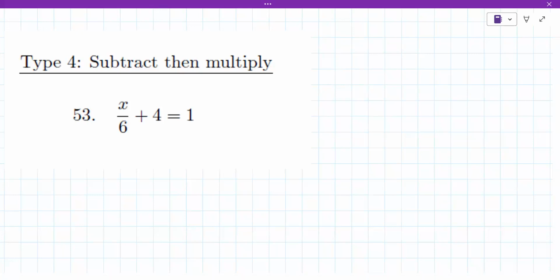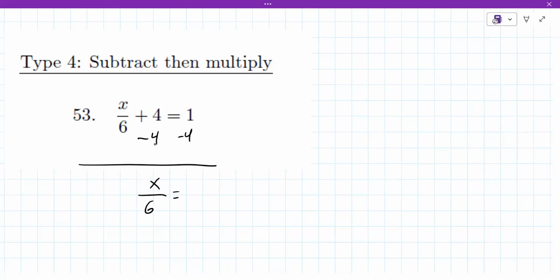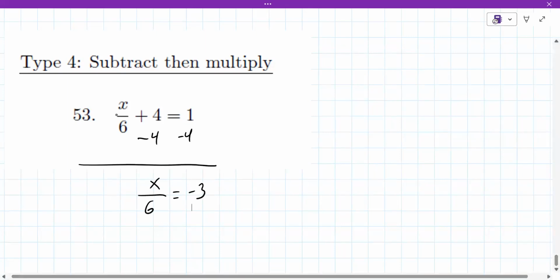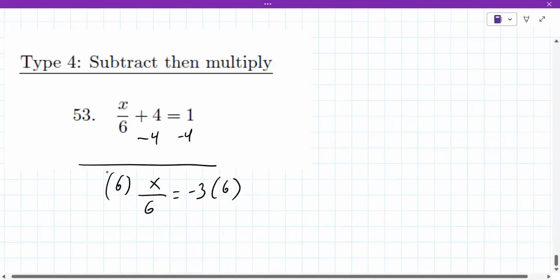So it would be 1 minus 4. Yep, you're subtracting 4 from both sides. Very good. So it's X divided by 6 equals what number? Negative 3. And then you would times that by 6 would be negative 18. Yes.